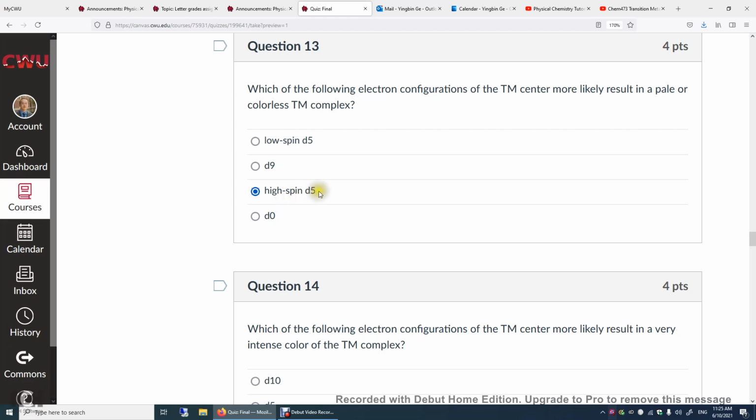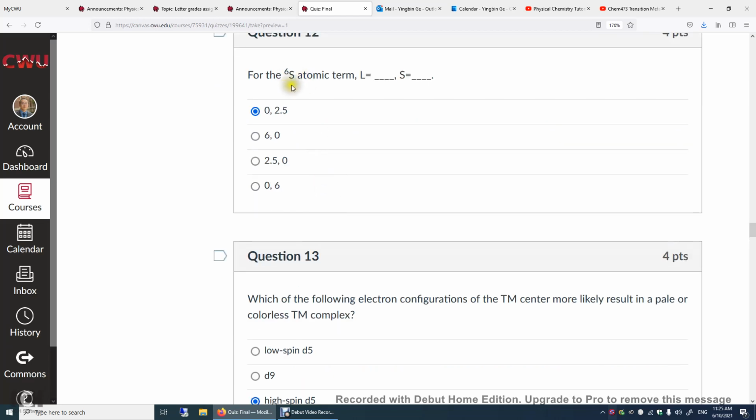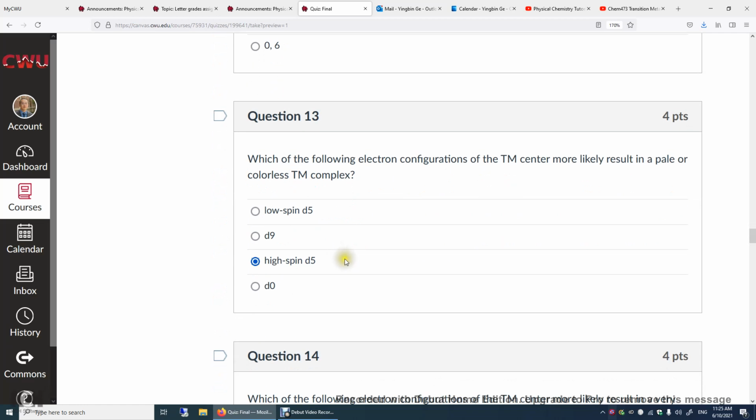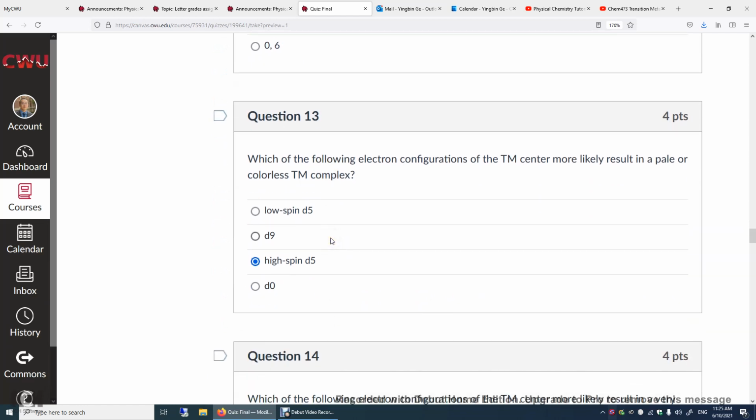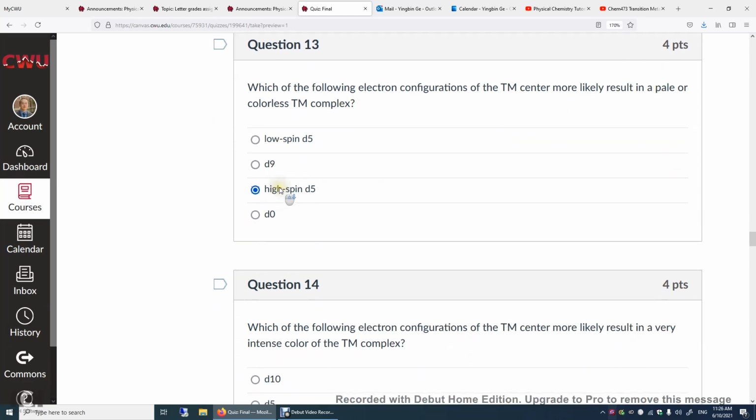So again, if the ground electronic state of this high spin d5 is 6S, and none of the excited states has spin multiplicity 6, that means all possible electronic transitions from the ground electronic state are spin forbidden, and therefore it's going to be pale or colorless.